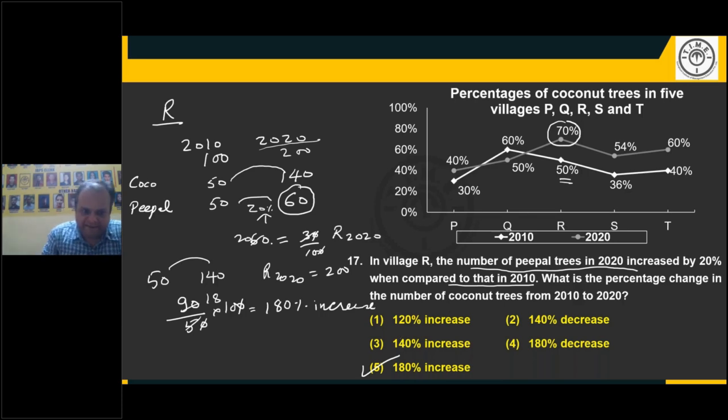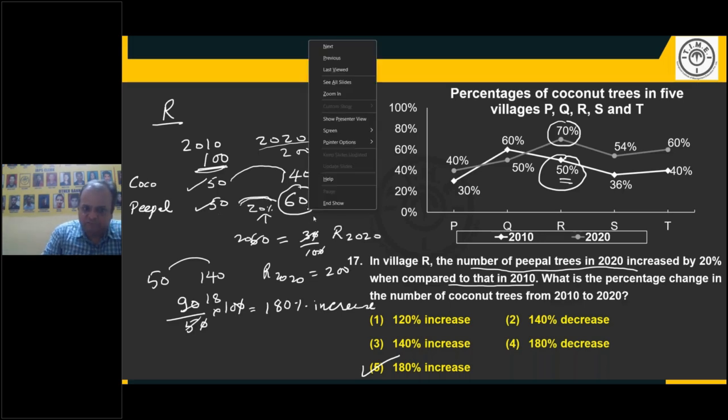All right, I'll explain again. In 2010, let's say they were 100. This value we have assumed to be 100. Then they were 50 and 50, because 50% has been given on the graph. Now this 50 increased by 20% became 60. If this became 60, we have no idea how much the total has increased.